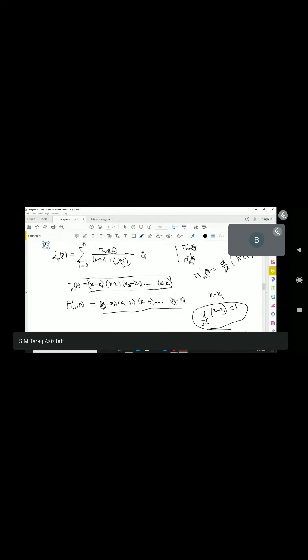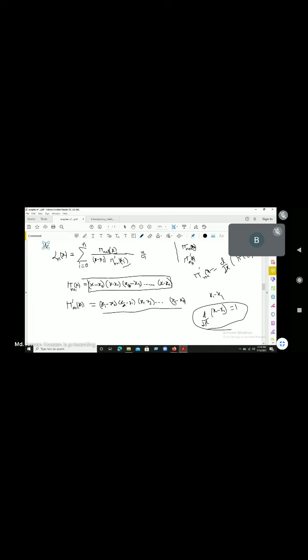So when you are going to differentiate, all are x. Which part do you differentiate here? The only conditional value is x minus x1. If this is x1, you cannot put the value x1 here because it will be 0. So this x will be differentiated by this term. Okay. So don't think too critically about that, just remember this.